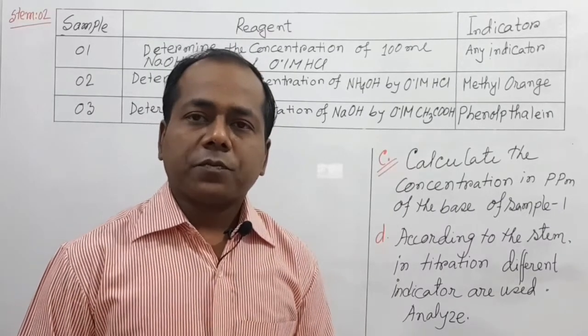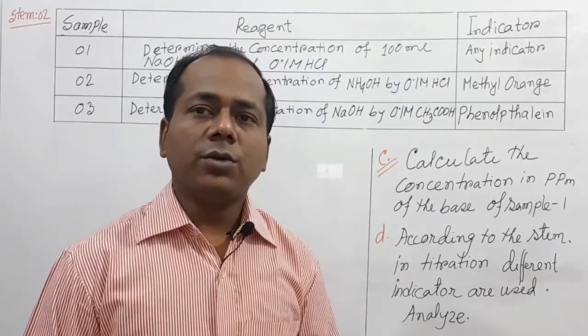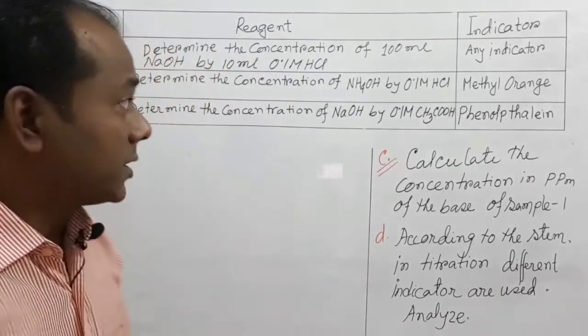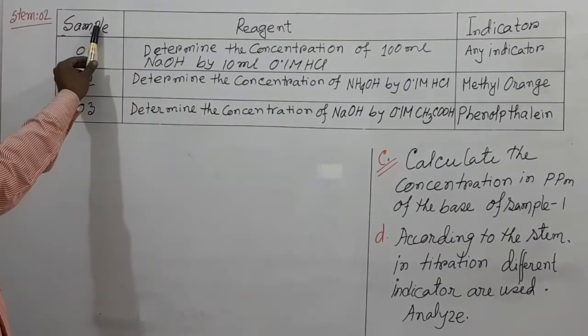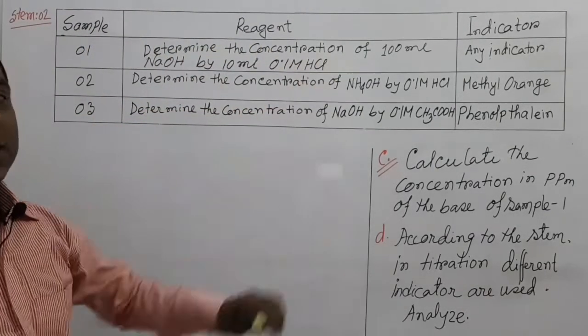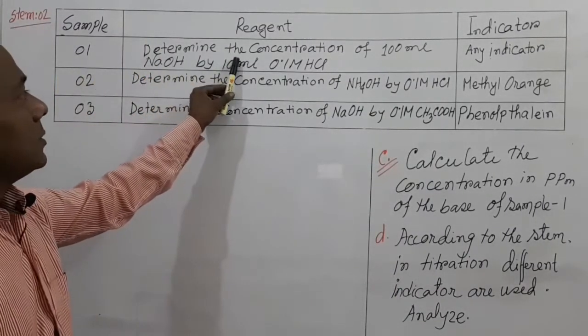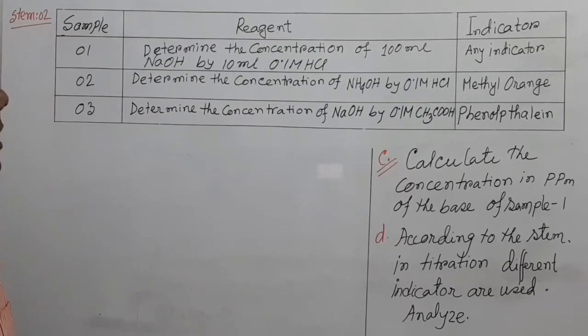My dear students, now I discuss with you our next creative question. Here given sample, reagent and indicator. Sample 1, determine the concentration of 100 ml sodium hydroxide by 10 ml 0.1 molar hydrochloric acid. In this reaction, any indicator can be used.